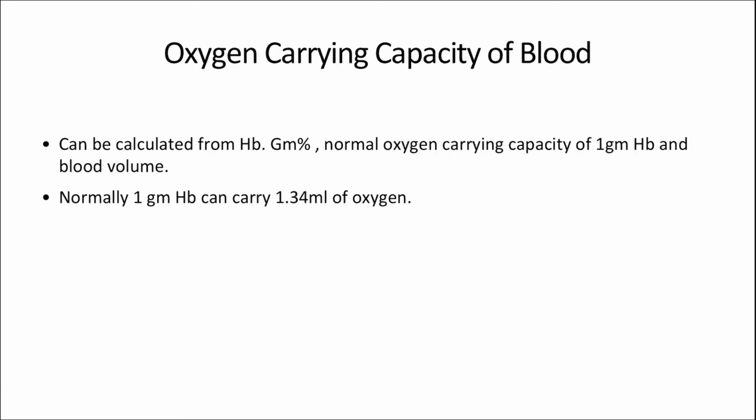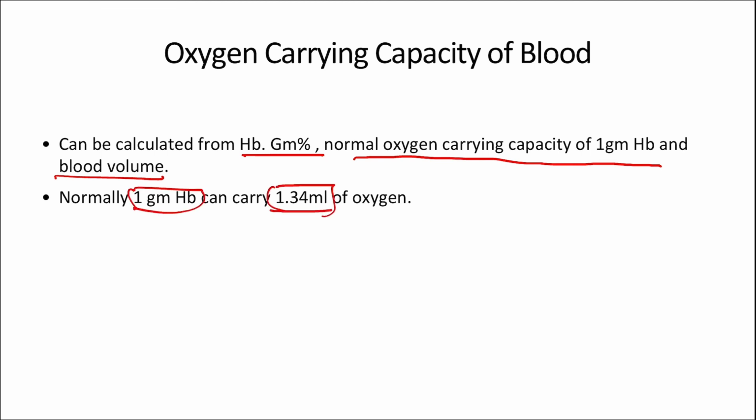So let's talk about the oxygen carrying capacity of blood. The oxygen carrying capacity of blood can be calculated from the hemoglobin gram percentage, the normal oxygen carrying capacity of 1 gram of hemoglobin, and blood volume. Normally, 1 gram of hemoglobin can carry 1.34 ml of oxygen.